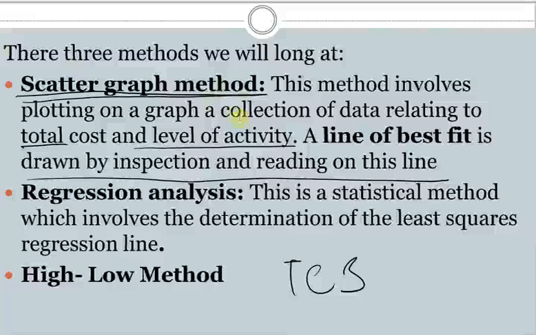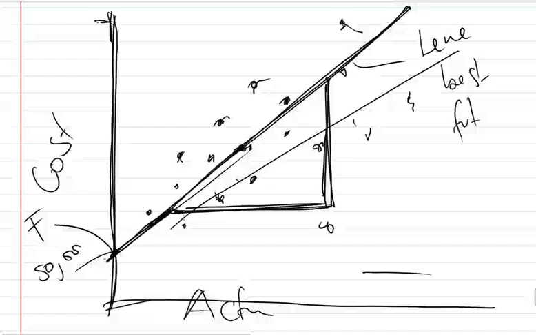You are saying it's a method that involves plotting a collection of data of total cost and activities. After that, coming up with a line of best fit by inspection, extruding the line of best fit and making the readings. That's how you use it.